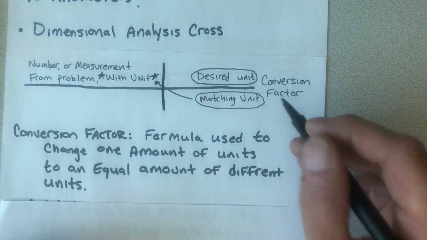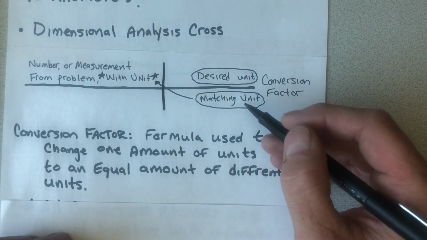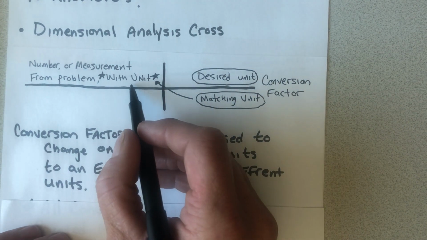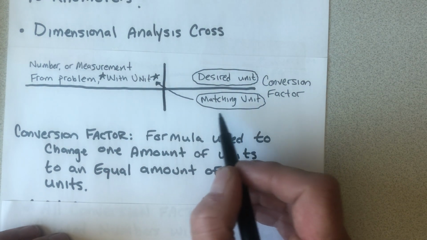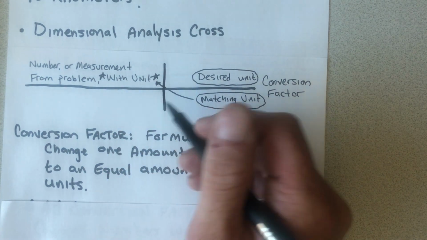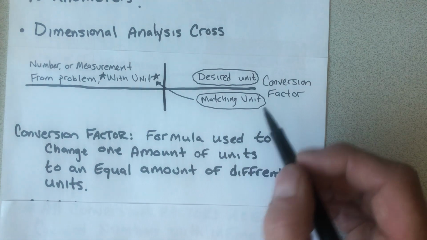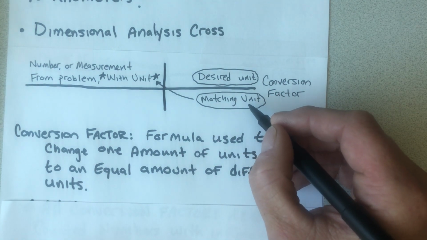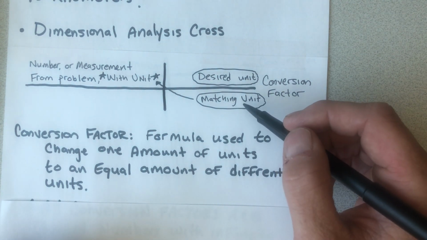The units you put on top and bottom of this line are really important. You always want to match your original unit from the problem with the bottom part over here. In this case, this is eventually going to be 10 kilometers, and you want your kilometers unit to be down here as well. That's because we don't want to answer the question in kilometers. We want to get rid of that unit.